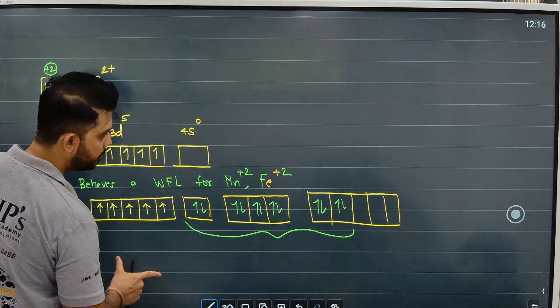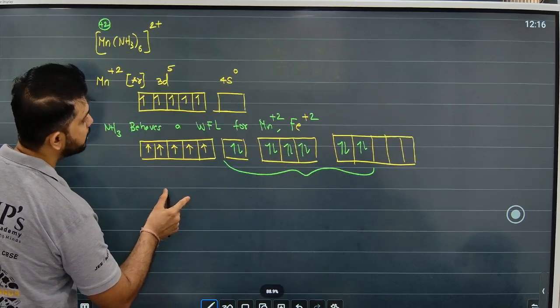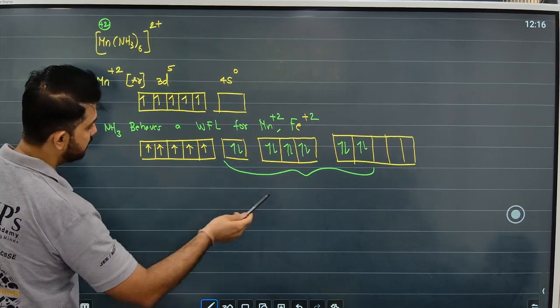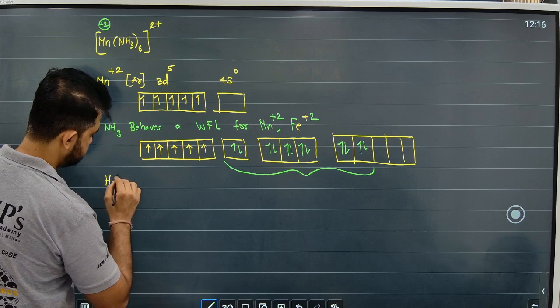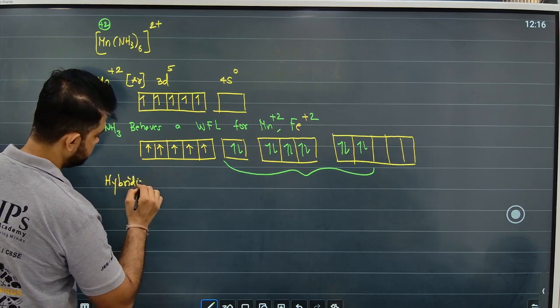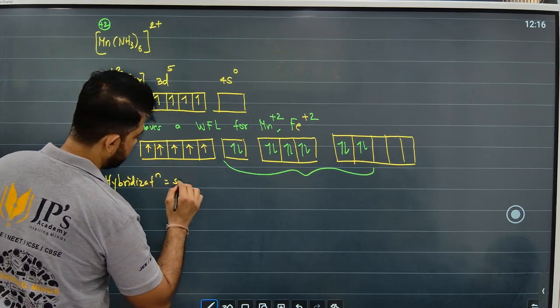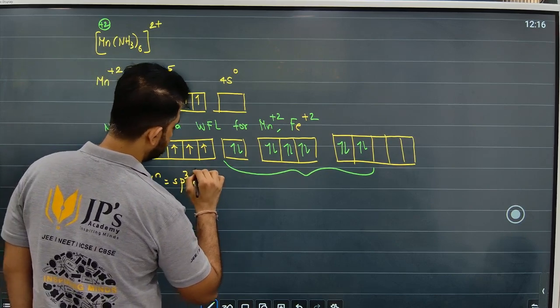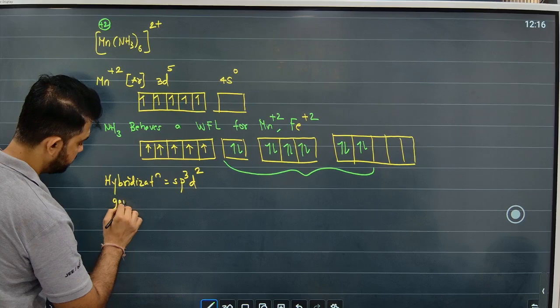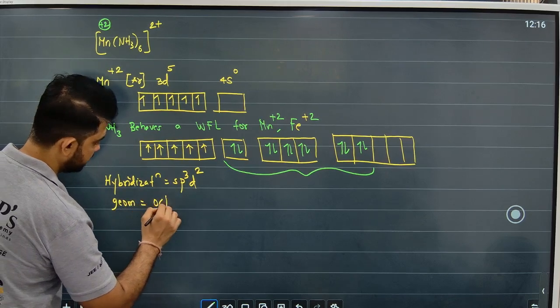Electrons from? Ligand. Hybridization, please. sp3d2, geometry octahedral.